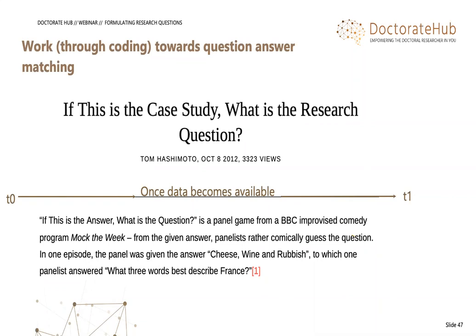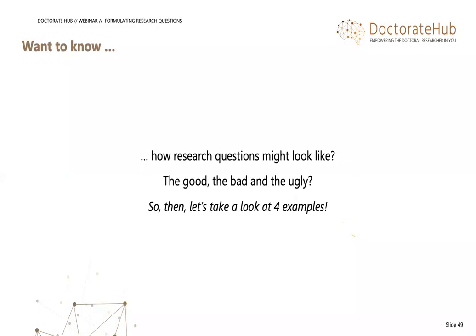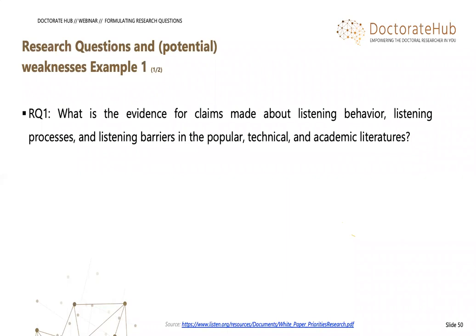Now, let's look in the closing part into some example research questions. And I figured a number of 4 examples would do it. If there is a need for further, we can afterwards look into concrete examples if you want to take some forward.